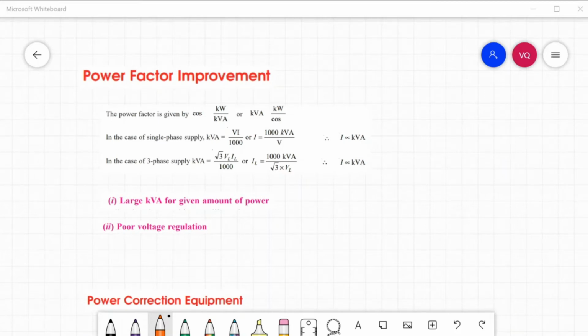The second one is poor voltage regulation. When a load having a low lagging power factor is switched on, there is a large voltage drop in the supply voltage because of the increased voltage drop in the supply lines and transformers. This drop in voltage adversely affects the starting torques of motors and necessitates expensive voltage stabilizing equipment for keeping the consumer's voltage fluctuations within the statutory limits.